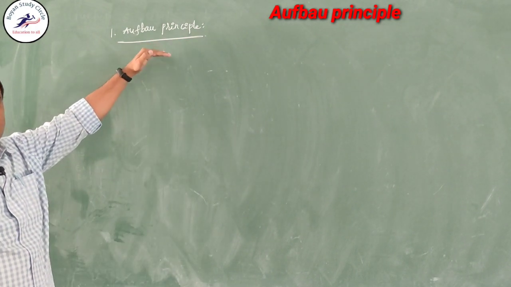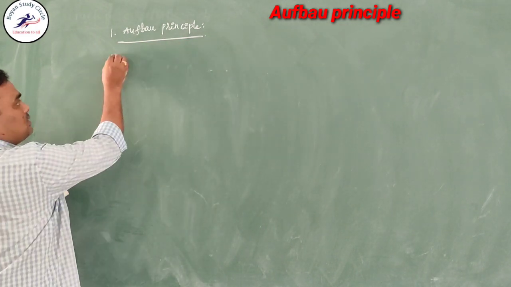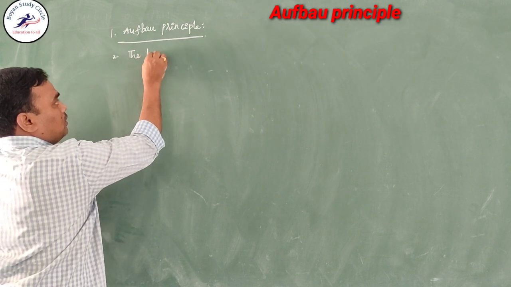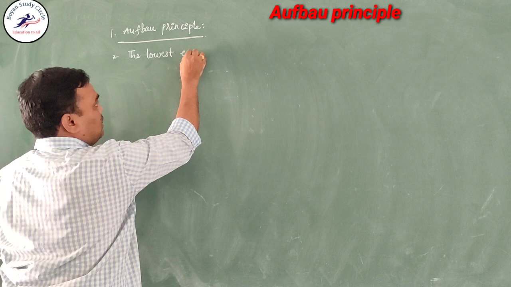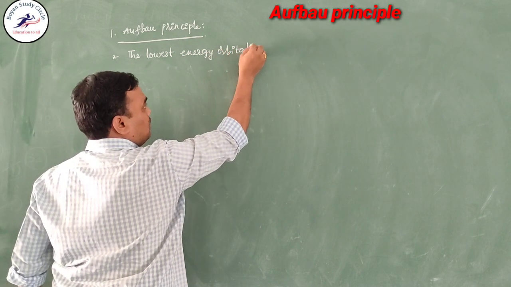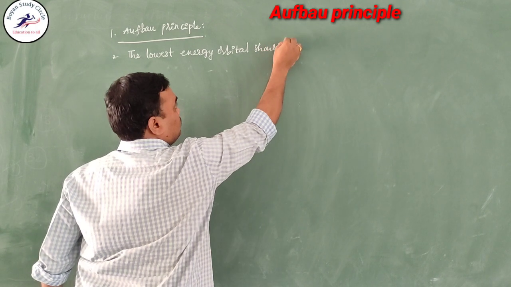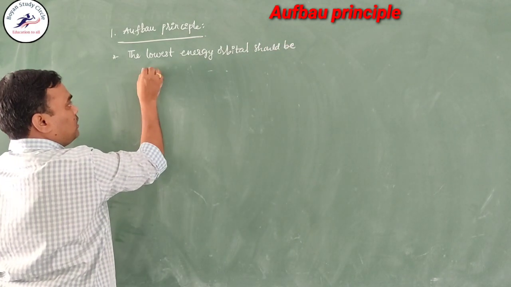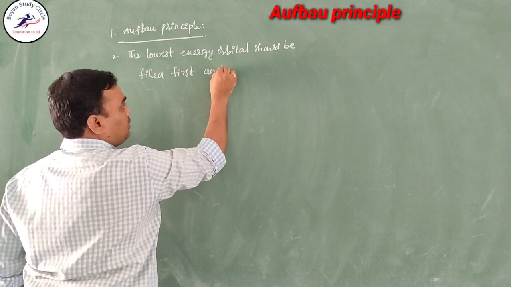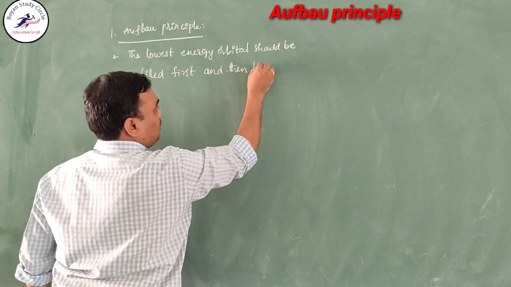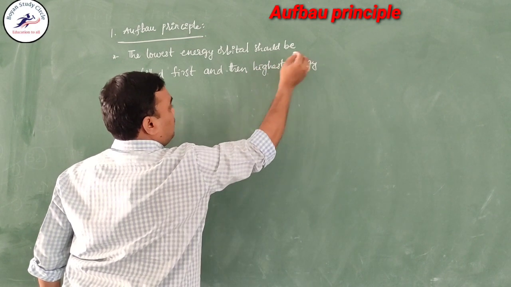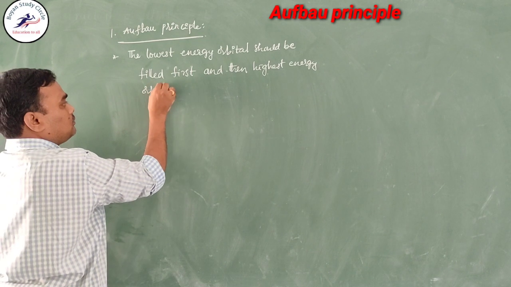So, what is the Aufbau principle? The Aufbau principle says that the lowest energy orbital should be filled first and then the highest energy orbital, right?